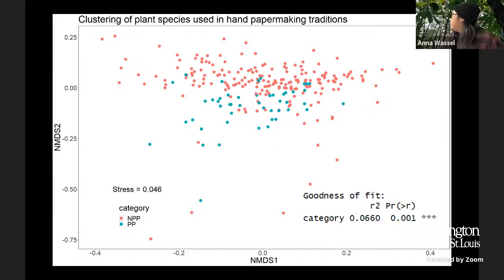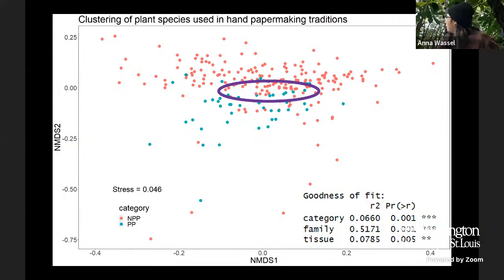But it's not just that, it's also what tissue is used of that plant. And also we know that evolutionarily speaking, plants with similar traits oftentimes are also evolutionarily related. And so we can also see that the identity of the family that these fibers originate from also significantly explains this spread of points.